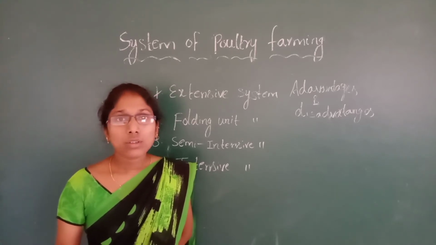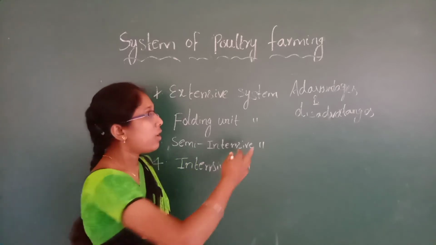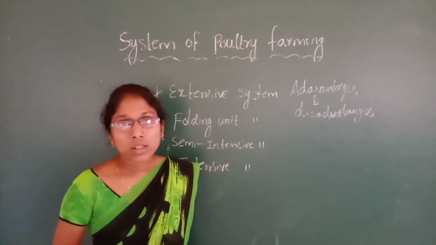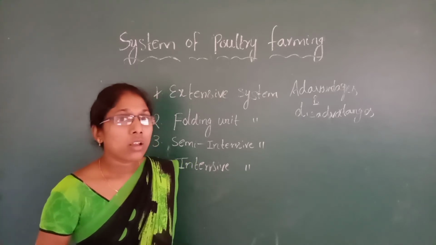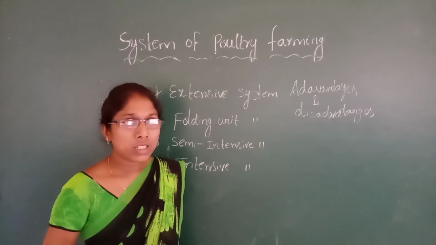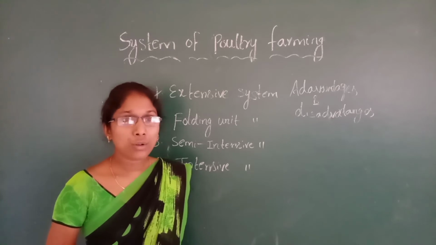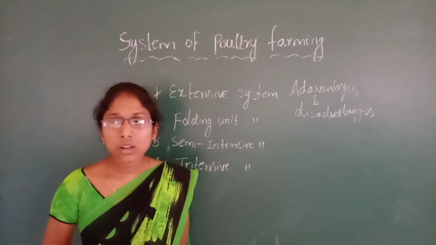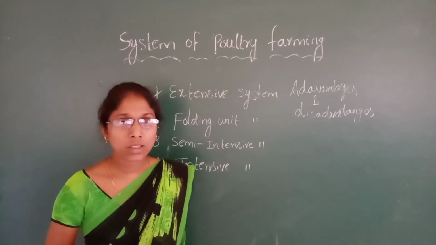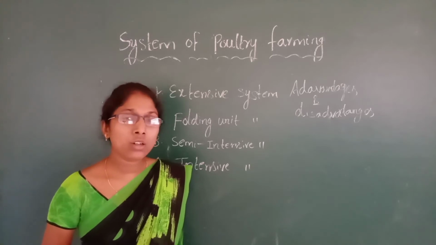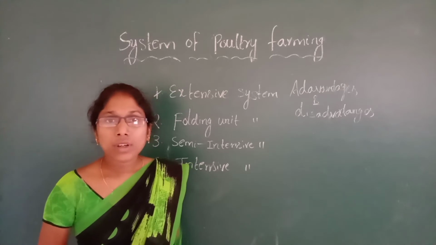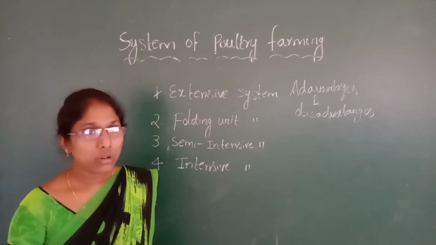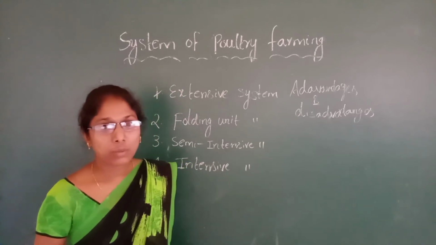And some disadvantages are also there. It is difficult to control the birds, because they are moving freely in the open area. Next one, loss of eggs, because they lay in different places.